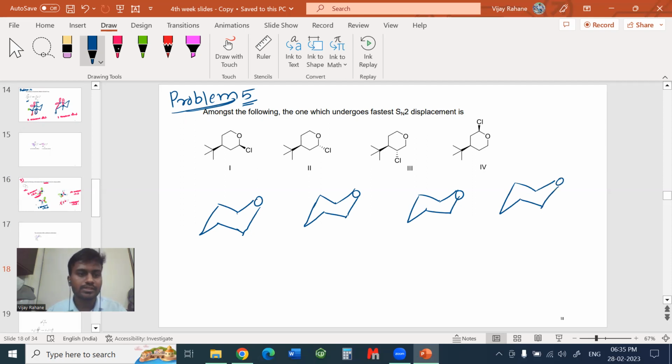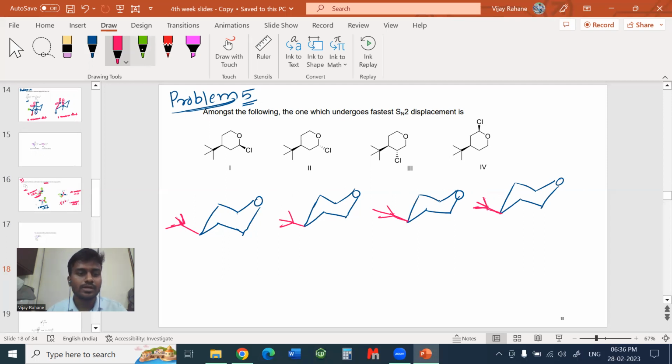So this one is the basic skeleton for all molecules. It's the same. If you see this one is upward, so this bulky group will be like this. Similarly here also. In all, this bulky group will be up, that is beta, right? So we have drawn it upward.